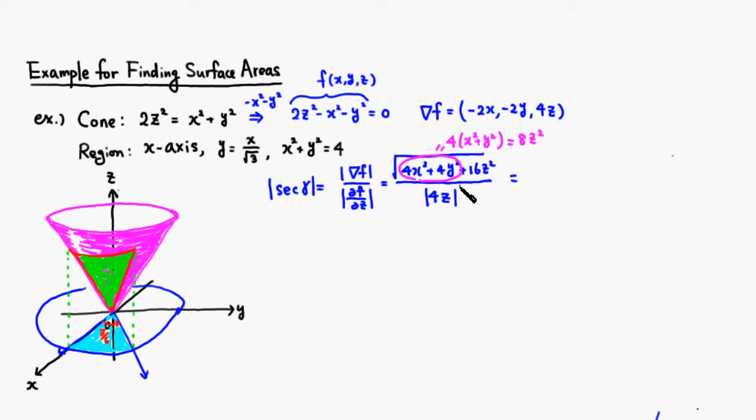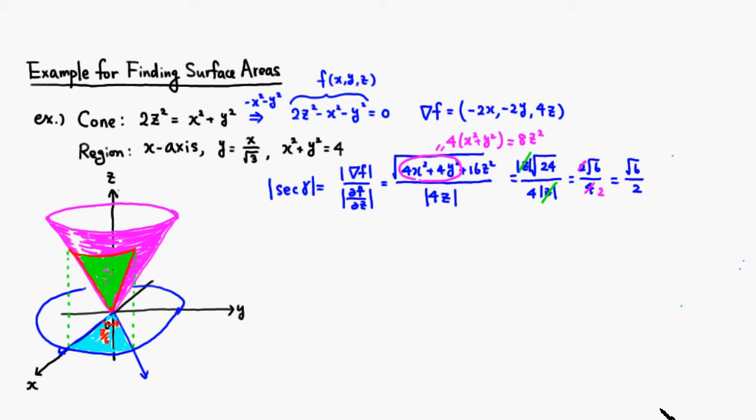It's 8 plus 16, so it's 24, and a z squared, so I can pull that out. And you have 4 absolute value of z, so we can just cancel those. So we end up getting square root of 24 over 4. 24 is 4 times 6, so it's 2 square root of 6 over 4. We can cancel 2 and 4. So we get square root of 6 over 2. That's the secant of gamma value.